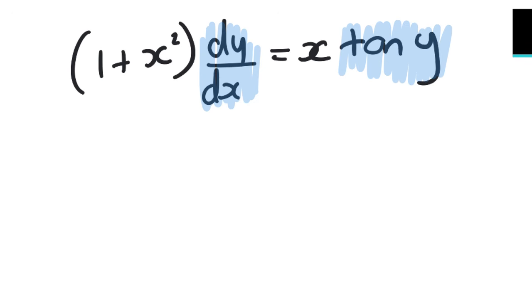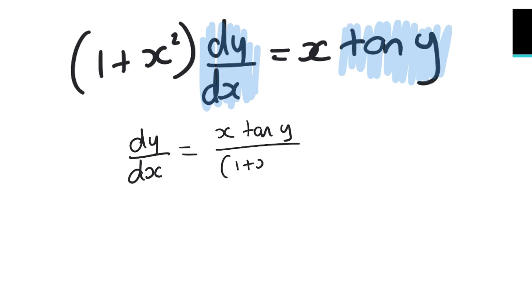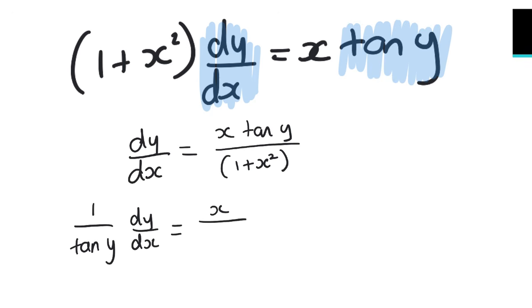So now we're going to have, if we divide both sides by 1 plus x squared, dy by dx equals x tan y over 1 plus x squared. Now I need to do what to both sides? Divide by tan y. So 1 over tan y dy by dx equals x over 1 plus x squared.